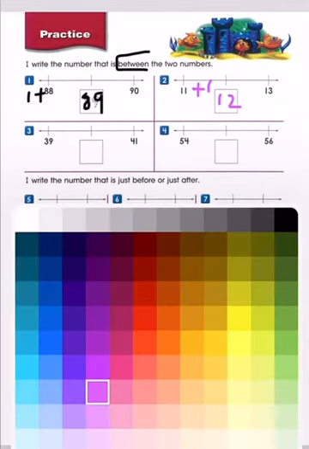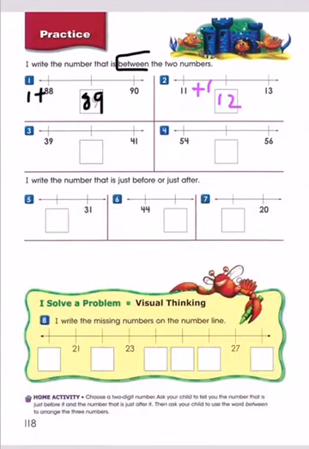Okay, we have number 3. Again, it's about between 39 and 41. What's the number that came? It is 40. How can we know it's 40? Because we can say 39 plus 1 equal to 40.